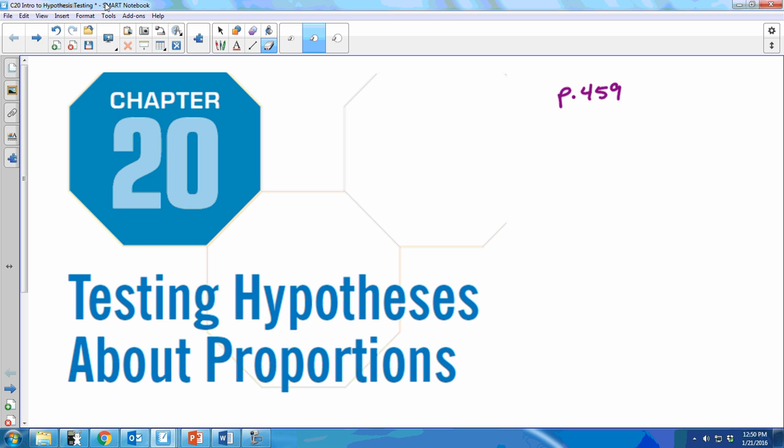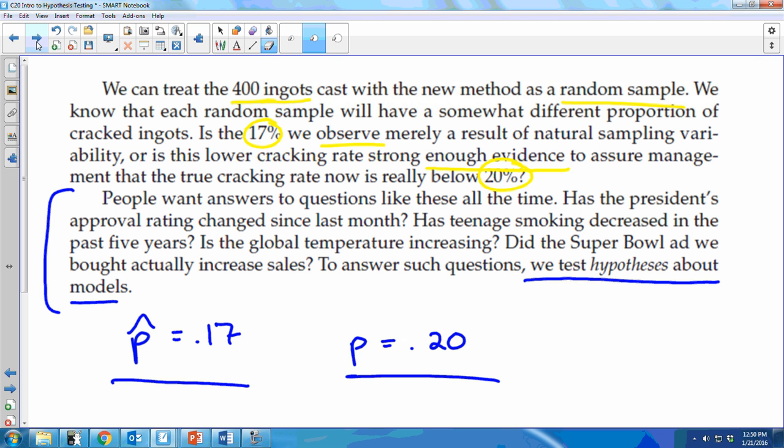All right? So they have a sample of 400 ingots with this new method. And they came up with 15% cracked instead of the 20% that's believed. Okay? So you have a p hat of 15% in the sample.